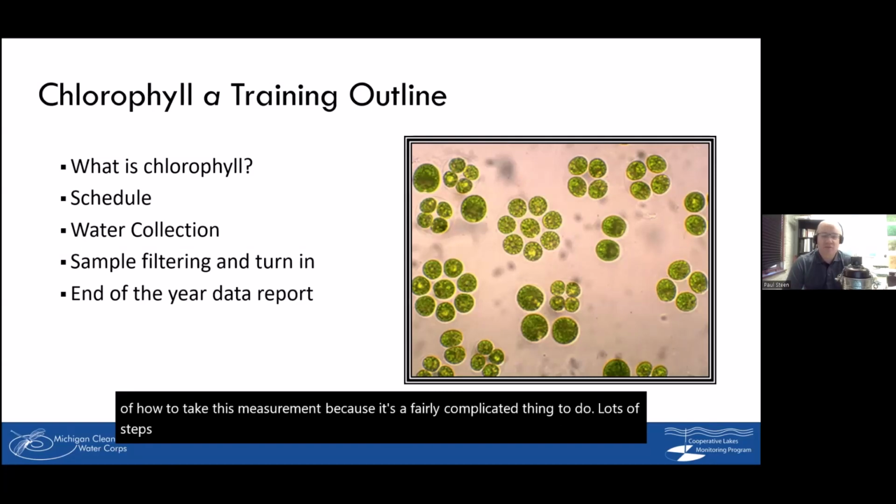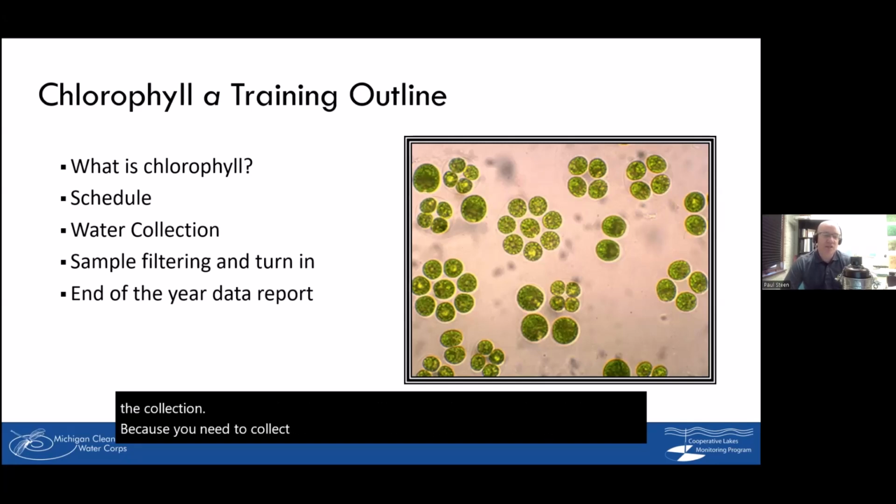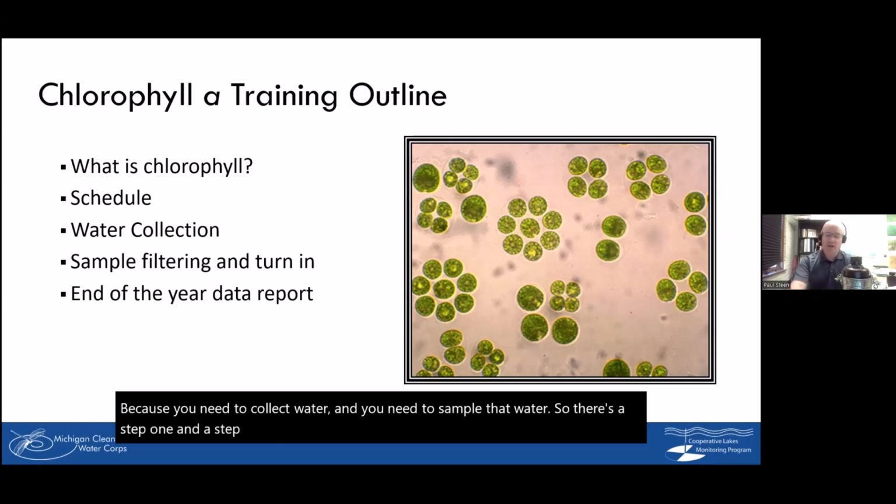So much of the explanation goes to that. I'm going to talk about when you're supposed to be taking this measurement. I'm going to talk about the two phases of the collection, because you need to collect water and you need to sample that water. So there's a step 1 and a step 2. And then a little bit about the turn-ins and the end of year. So let's jump into that.